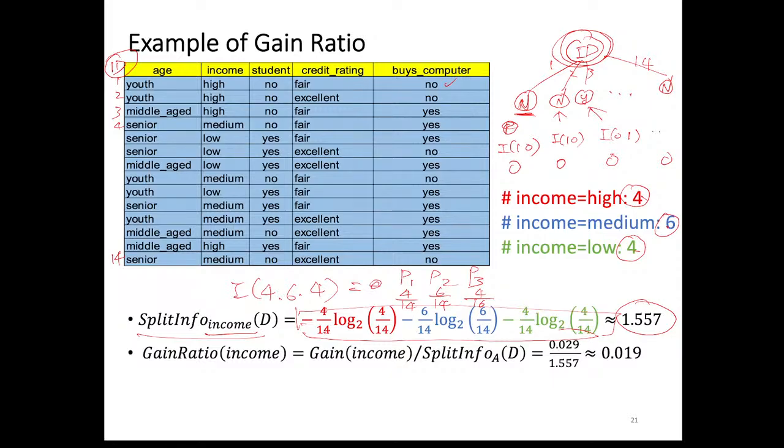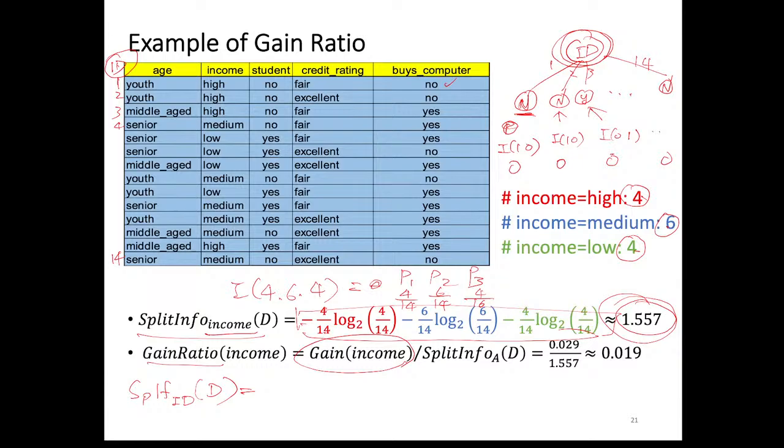And the gain ratio is defined by the information gain of income divided by this split information. And you can see that if we have 14 IDs, ID number 1 to 14, then what is the split information of using ID?